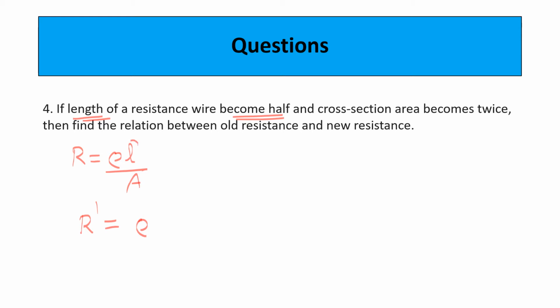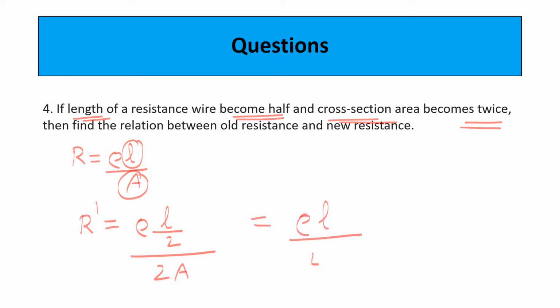Therefore, in the place of length L, we must put L by 2, divided by area of cross section. Cross section area becomes twice. A becomes 2A. R dash is equal to rho L by 2 divided by 2A, which is equal to rho L by 4A.